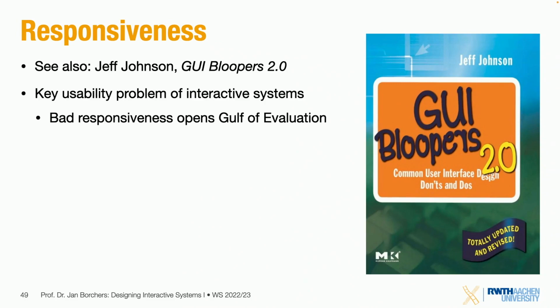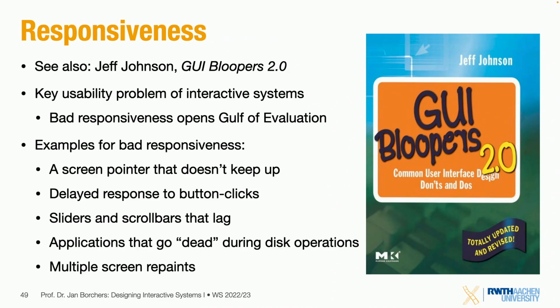And responsiveness is being discussed by Jeff, who's an HCI veteran, as one of the key problems in interactive systems, because bad responsiveness, when a system doesn't answer immediately to your input, opens up the gulf of evaluation, right? At a very fundamental level. When a system doesn't do things the moment I ask it to, then we get confused. A couple of examples.